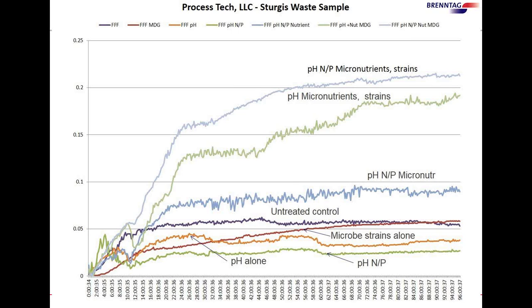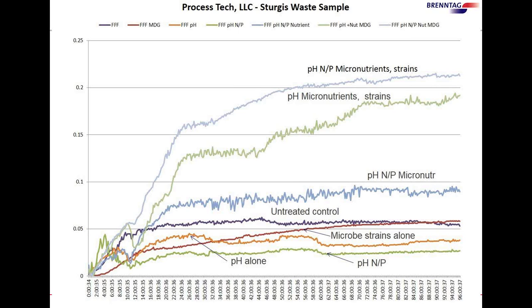However, when we had it tested and we looked at it, if you can see the red line here, that was where we added microbe strains alone. That's all we added. And if you look just above it, that was the untreated control sample in their activated sludge basin. So when we added the bugs here, it actually did worse than if we would have done nothing.